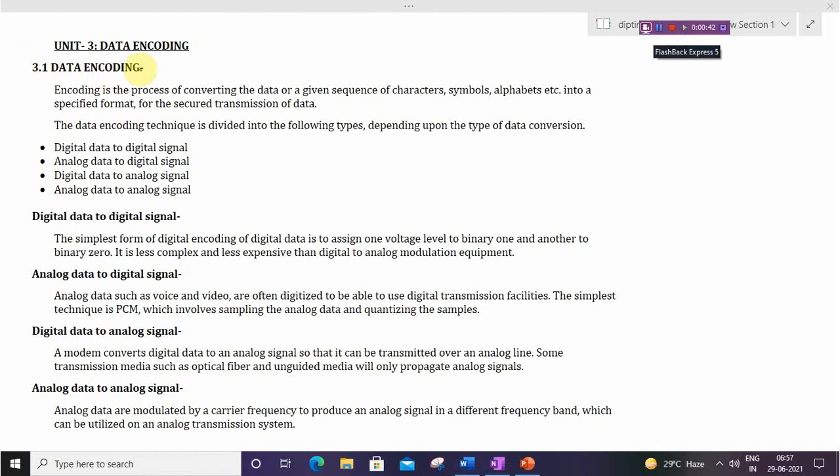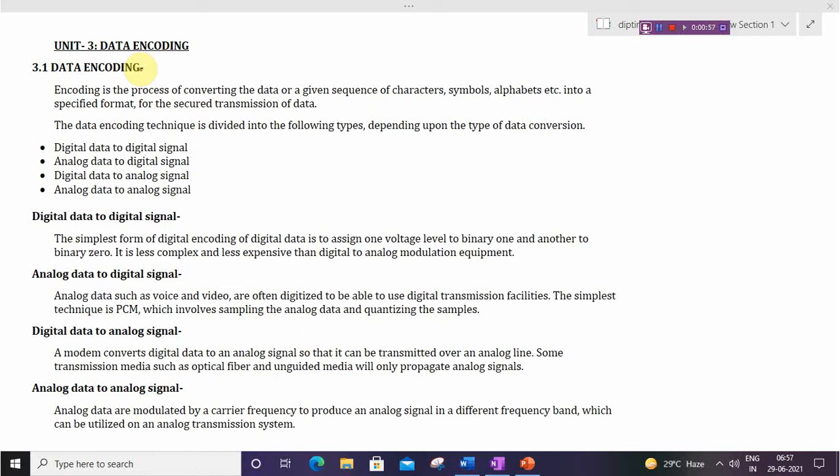So, data encoding. What is encoding? First of all, in communication, we send information from one device to another device, but we cannot send the data as it is.